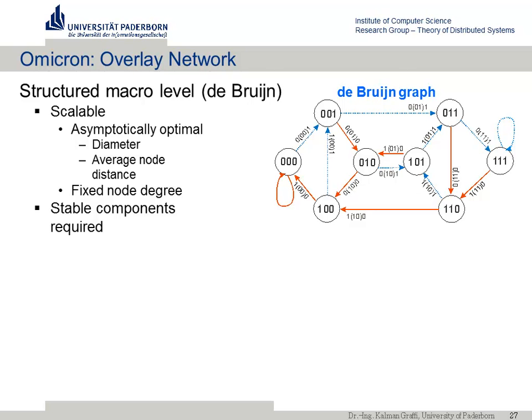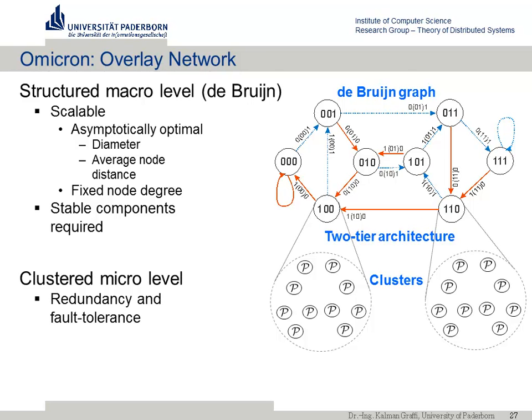And we know from it that it's asymptotically optimal: the diameter is optimal, the average node distance is optimal, you have a limited degree, so every node has only an out degree of 2 and an in degree of 2, so it's very deterministic. But what you also saw as a drawback is that with De Bruijn graphs you can only have a fixed number of nodes, so you can only have powers of 2.